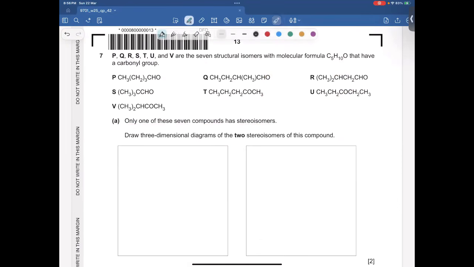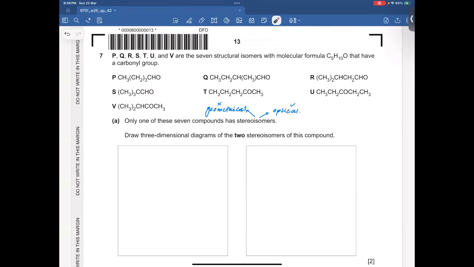When we talk about stereoisomers, basically we are looking at either geometrical or optical. Geometrical isomerism always exists in alkenes. Since there is no alkene, geometrical is not going to be possible here. So obviously I'm going to go for optical isomers, and for optical isomerism I need a chiral carbon atom.